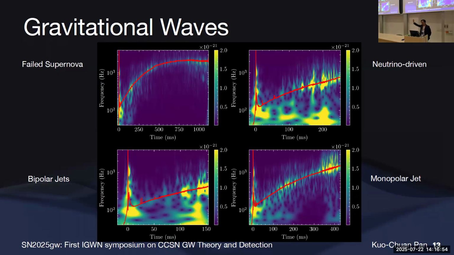And because of the rotation, you have the delayed black hole formation, and you can see this high frequency component kind of saturated. And for the upper right case with the neutrino-driven explosion, it also shows a clear bounce signal, and this f-mode is strong, but it also shows a very strong low frequency component, maybe related to these memory components during this explosion phase.